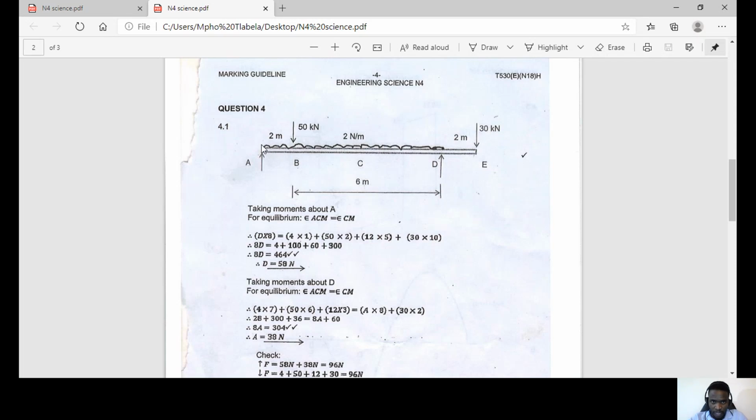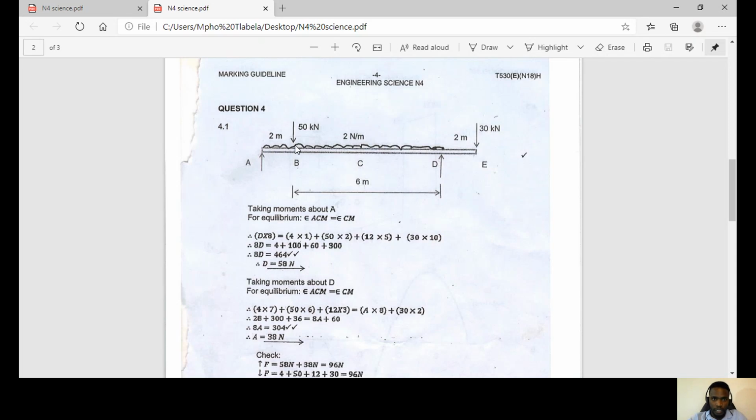It is gonna be anti-clockwise to D. That's why we've got 4 on the anti-clockwise side. It's working on the half of its distance. You're focused only on this distribution load here. It's 4. Half of its distance here is 1, plus the remaining distance to D, which is 6. Then we get to 1 plus 6, then we get 7. That's how we got to this one.